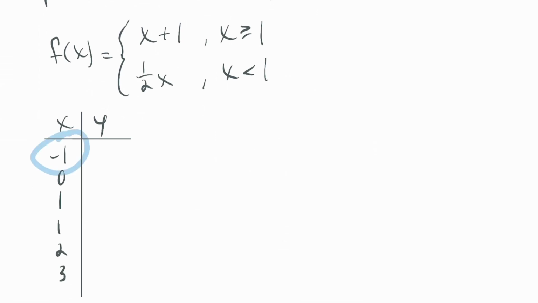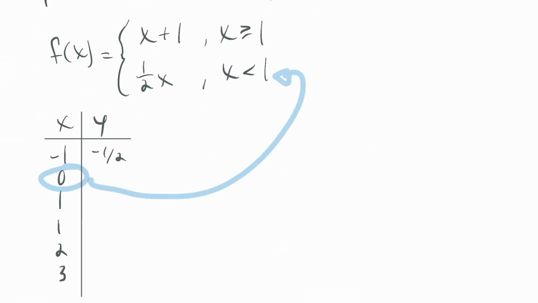So if I plug in -1, well, that's less than 1. So plug in -1. 1/2 times -1 is -1/2. So -1/2. If I plug in 0, well, that's less than 1. So if I plug in 0 there, I get 0. 1/2 of 0 is 0.